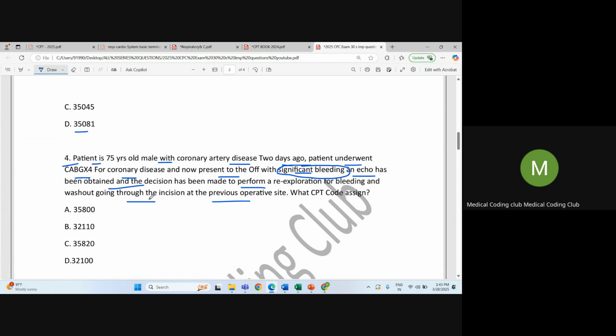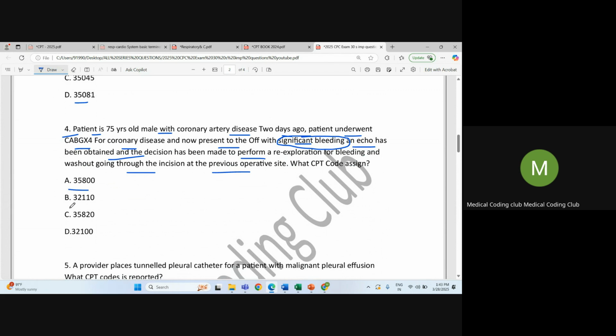Let's see the options: 35800, 3211, 358, 321. I will eliminate option B and option D. So for options A and C you need to refer to the 358 series, because the scenario we are seeing here falls in the 358 series only. If you're already aware of the code and the code range of the particular concept, it will be easy to eliminate options.